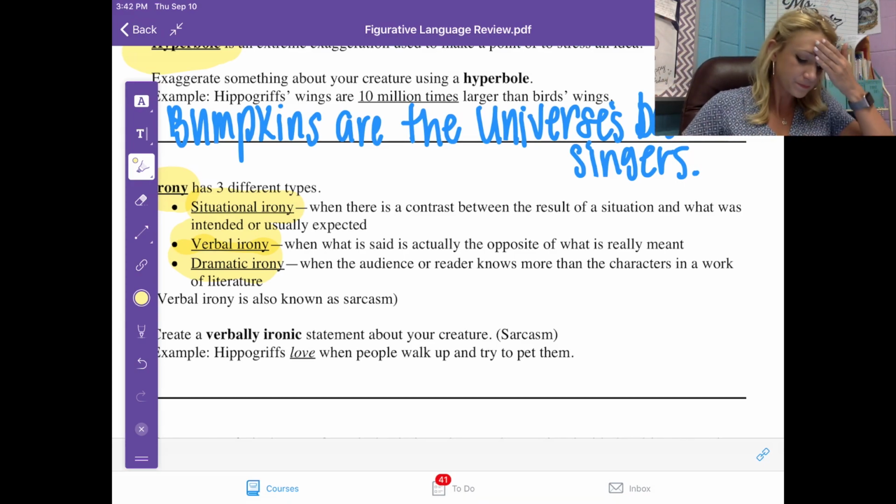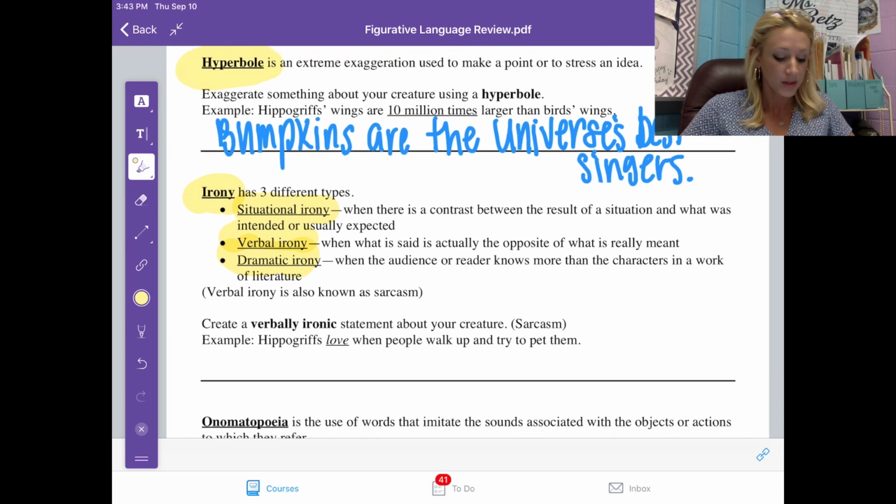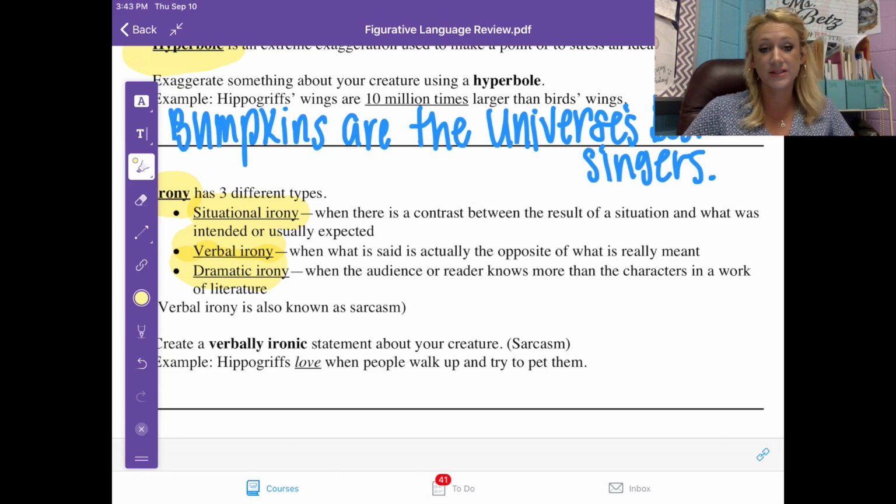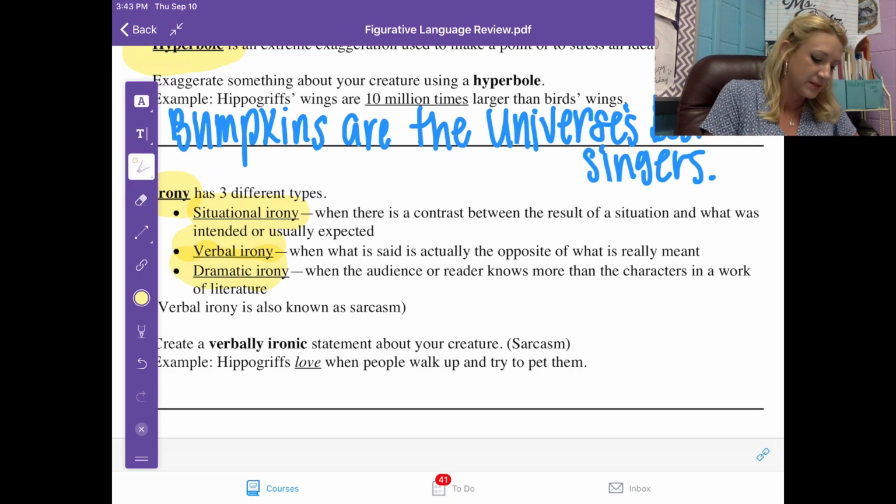So it's fun. That's dramatic irony. For our activity today, we're going to use verbal irony. You are going to write something sarcastic about your creature where you're saying one thing but you actually mean the other. It's verbal irony.